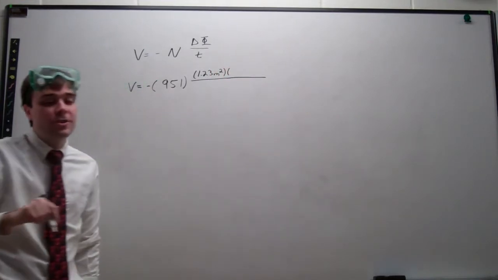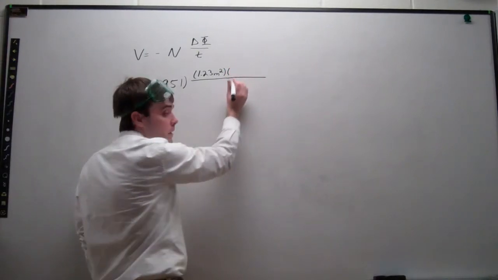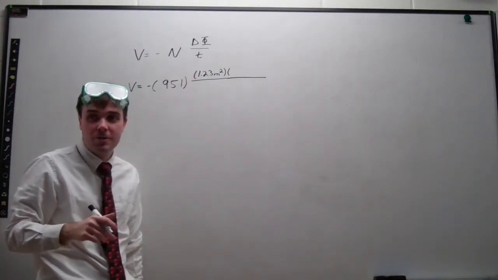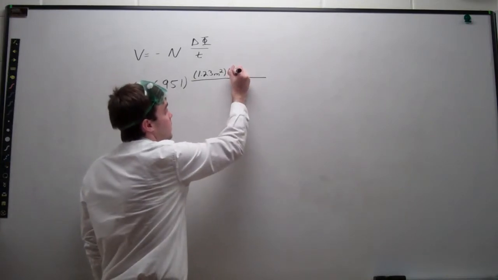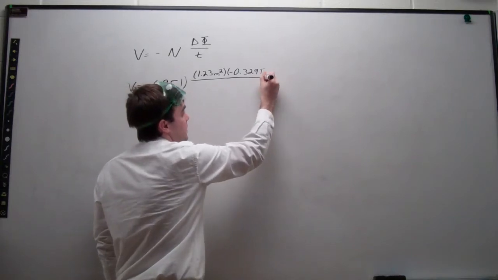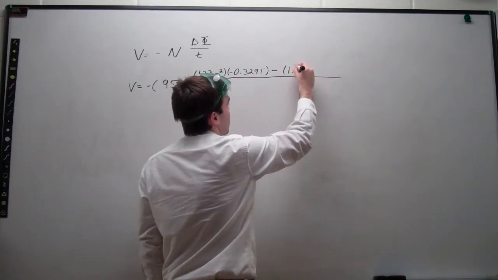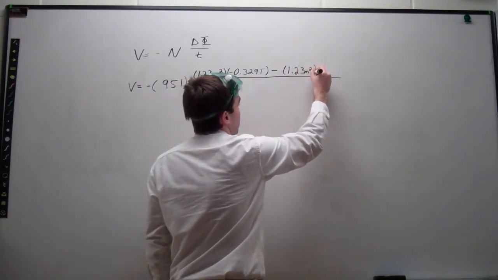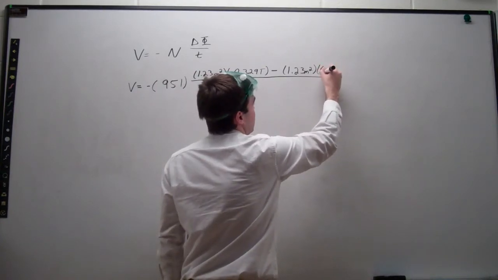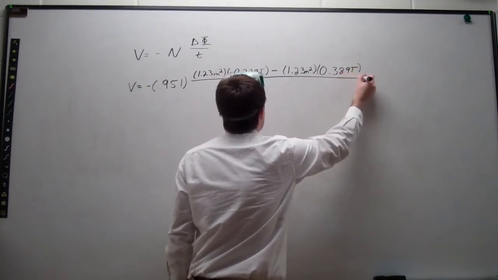And what is the final magnetic field? It's final minus initial. We have negative 0.329 teslas. And then minus the initial, so it's 1.23 meters squared times 0.389 teslas.